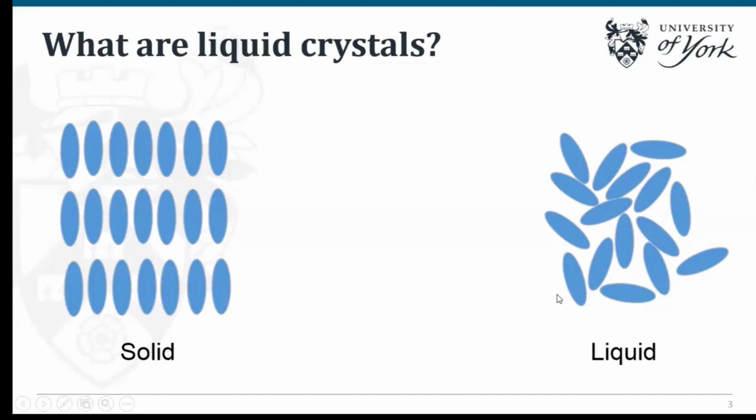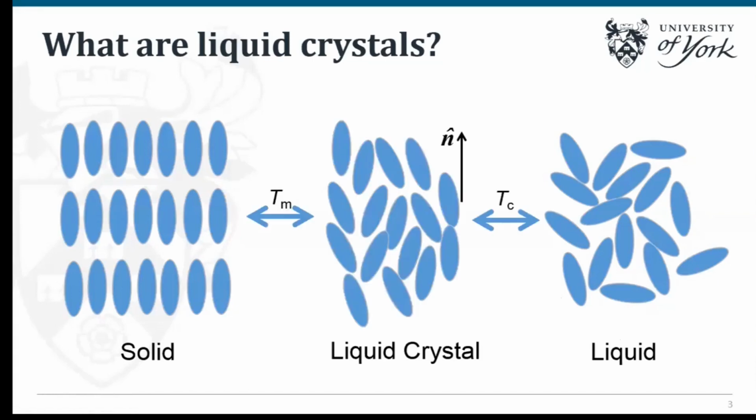However, between them, for some molecules, lies a fourth state of matter, the liquid crystal phase, where molecules have intermediate degrees of positional and orientational order, which means that, like a solid, the liquid crystal has a particular property known as anisotropy, but like a liquid, it flows. And despite the fact very few people know about liquid crystal phases, they're all around us in nature. In fact, you're probably watching this presentation right now on a liquid crystal display.